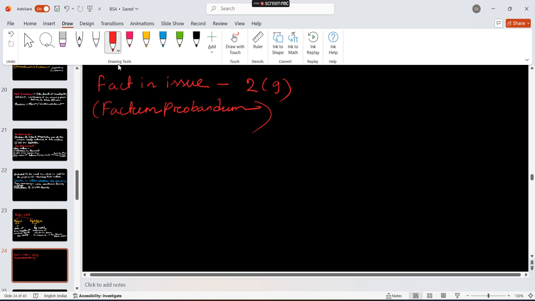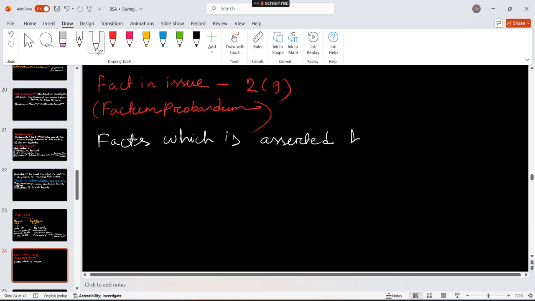Whatever I have told in brief is discussed in a very lengthy manner there. So in a general meaning, we can say that a fact in issue is a fact which is asserted by one party and denied by another.